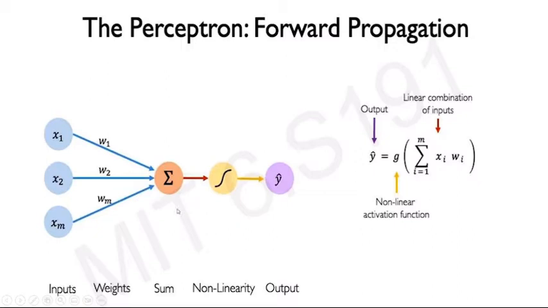On getting to this junction, we have an activation function, where we induce nonlinearity.